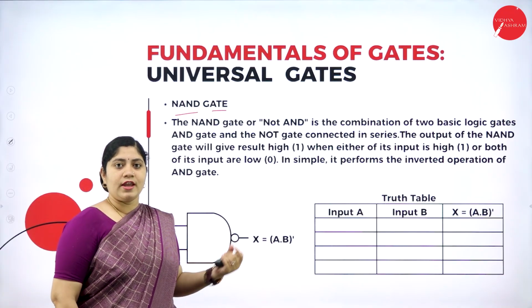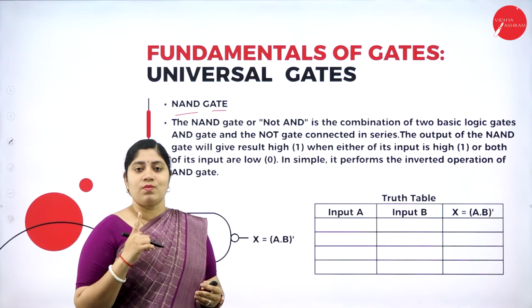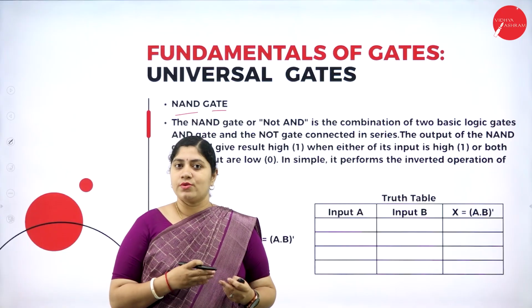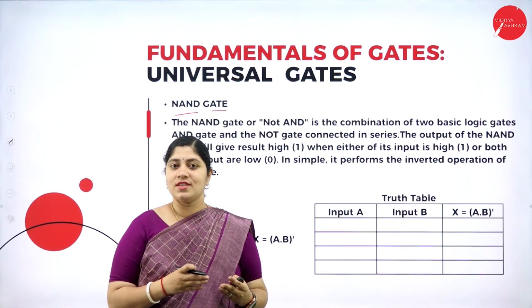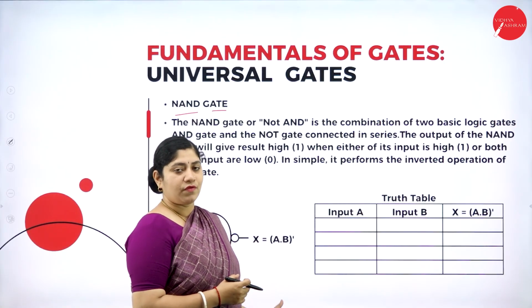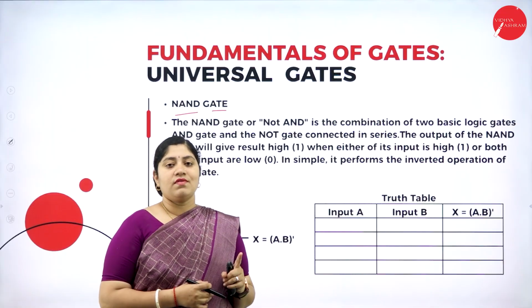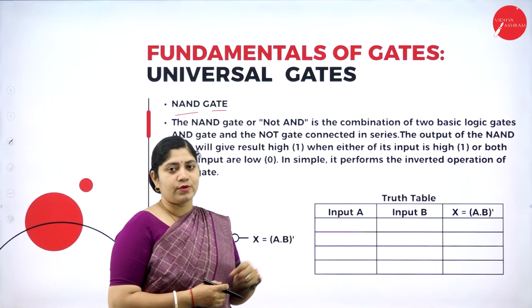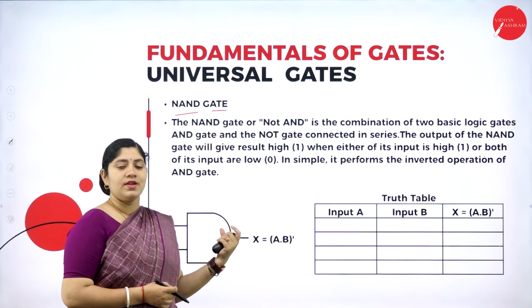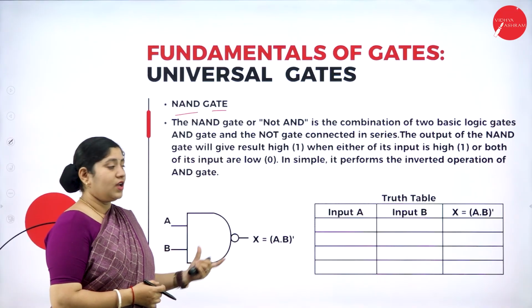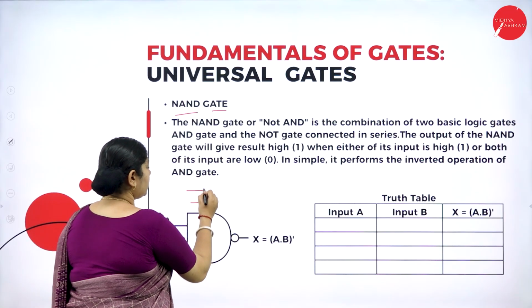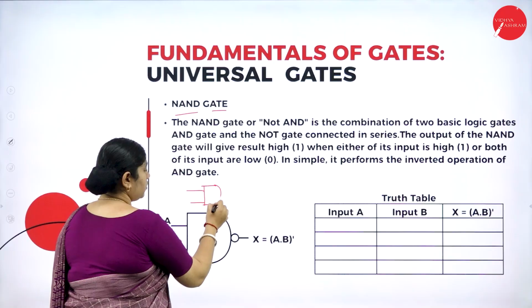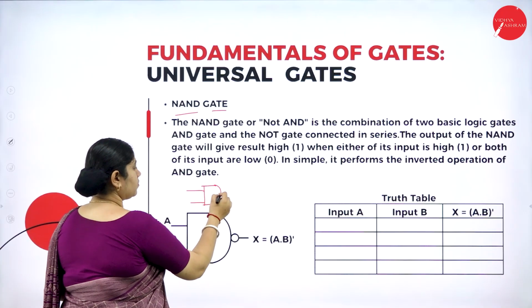Even in this NAND gate, we have two inputs and one output. The inputs are represented in four different combinations, and we will have one output bit. Alright, now let's see the symbol for the NAND gate. As we know, the AND gate symbol is just this much, correct?